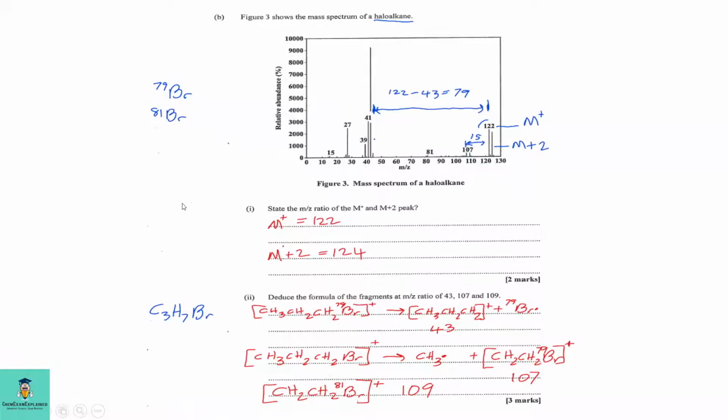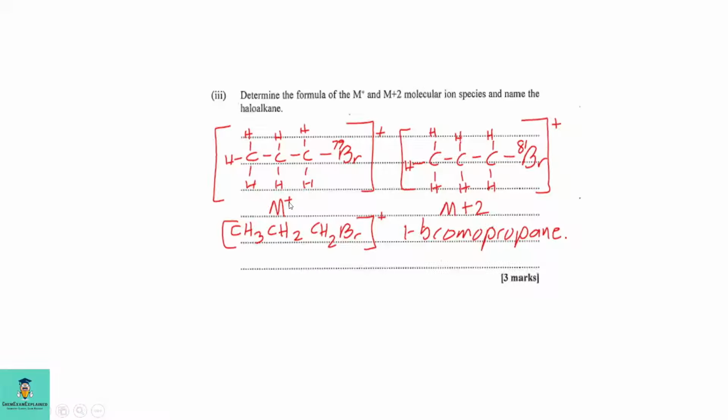So that is our molecular ion, M plus, CH3CH2CH2Br with isotope 79, and it must be positively charged. And for the M plus 2 peak, the same formula, but this time we use Br isotope 81.